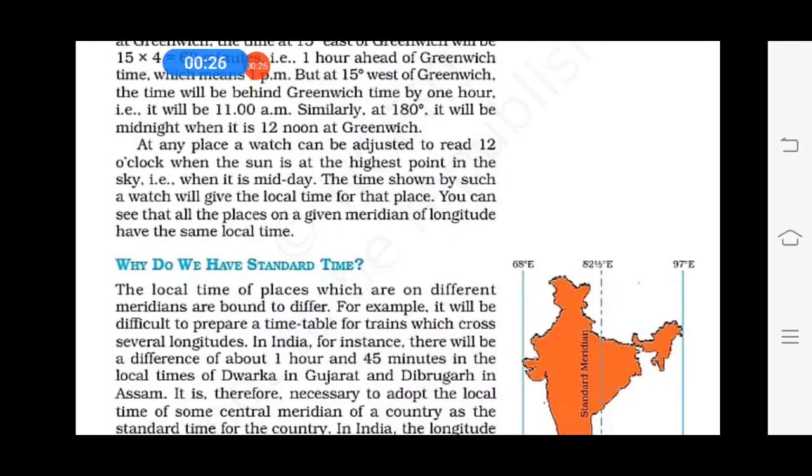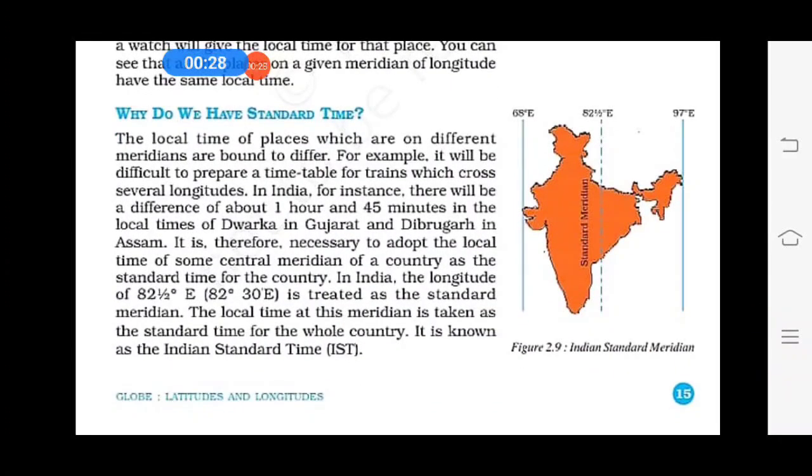Now move to our next topic, that is, why do we have standard time? Now listen, India is a very vast country. Longitude 68 degrees east in Gujarat to 97 degrees east in Arunachal Pradesh. Okay, look at the picture.